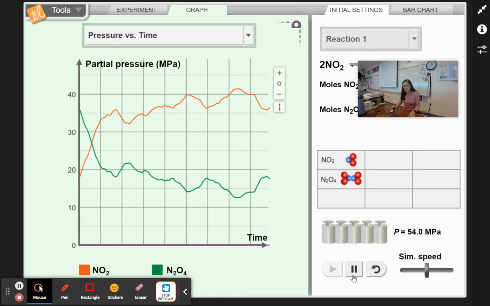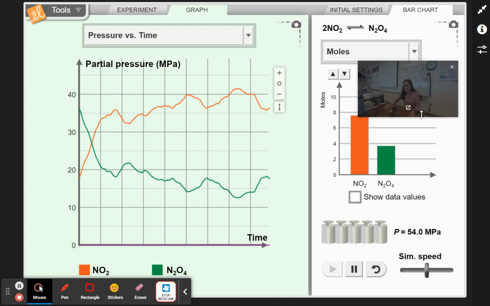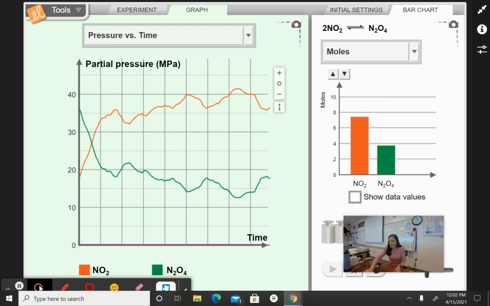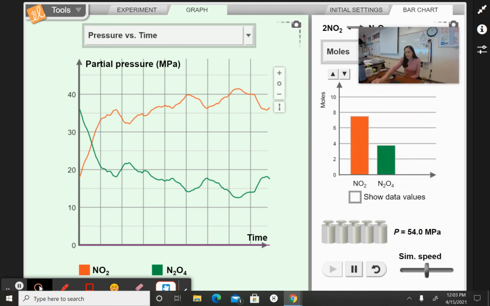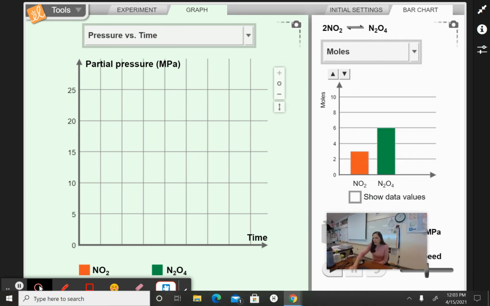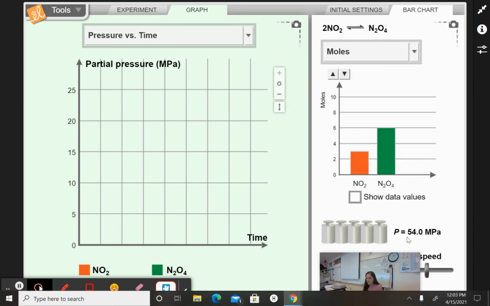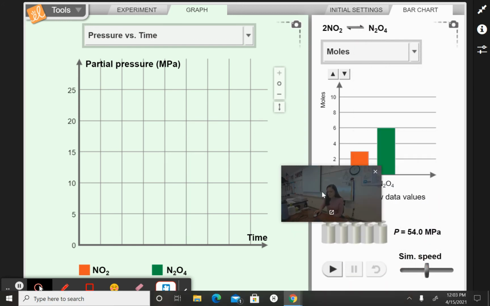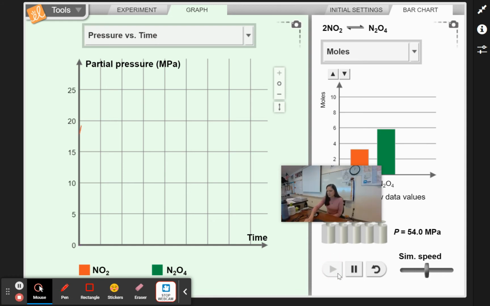Now, when we want to see the concentrations, we can also look at the bars of nitrogen dioxide versus dinitrogen tetraoxide. So I ran out of time, obviously. Let me reset this. And we can get this playing again.